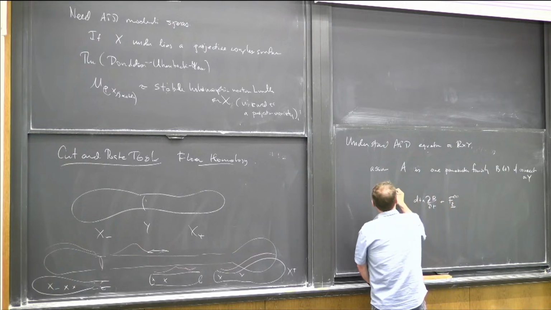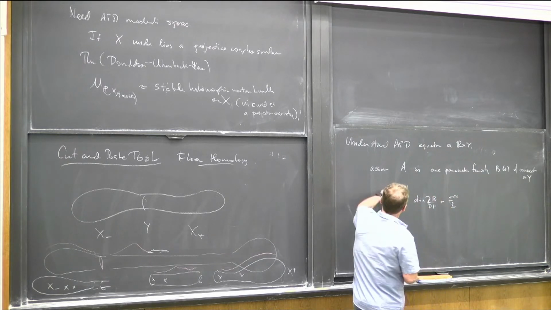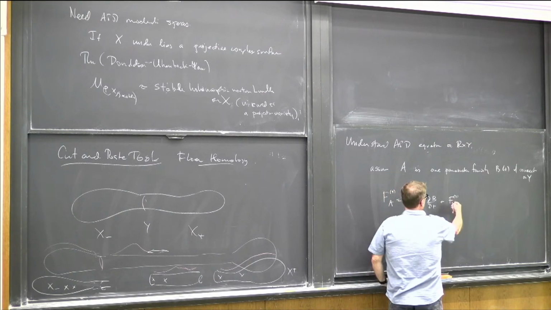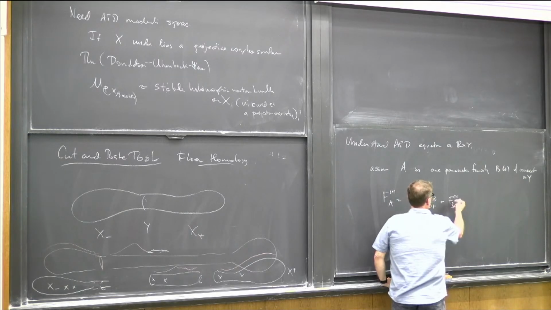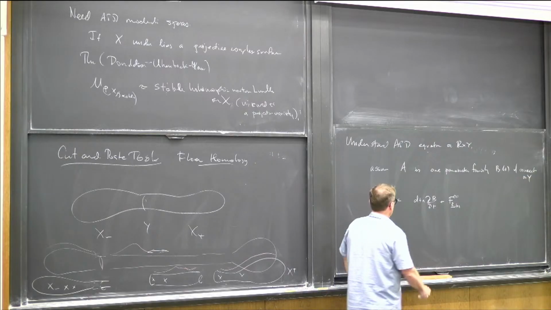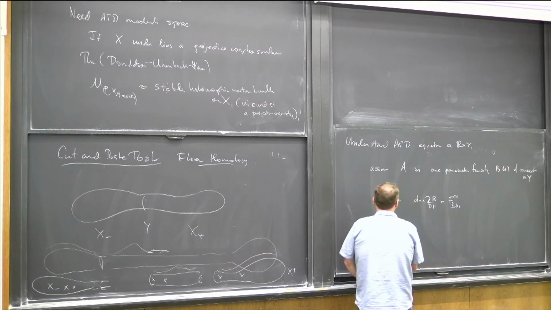So let me put a 4 here to indicate that I'm thinking of the curvature of the connection on R times Y, and here that's the curvature of the connection B_t on Y at time t. So that's what the curvature looks like.